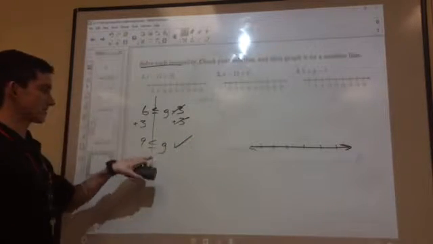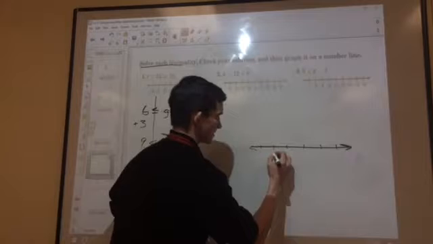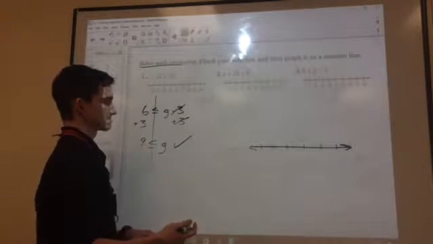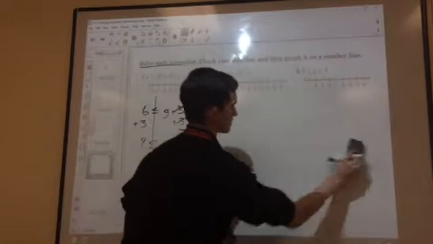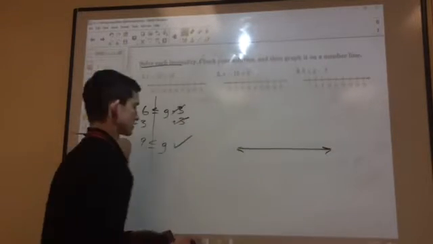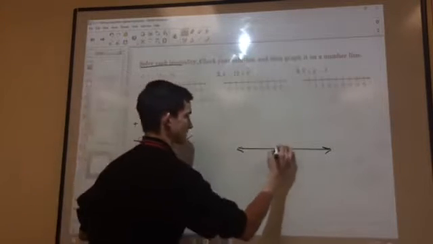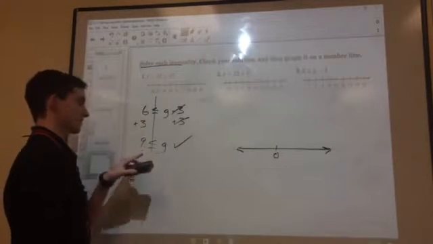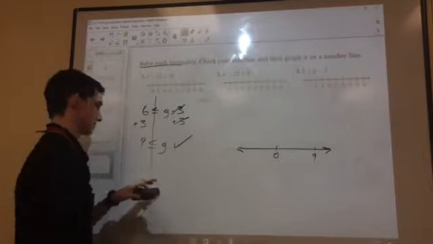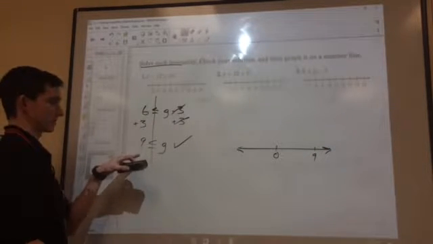So we've checked it. Now we're going to actually graph this. Let me show you another way of graphing this. You don't need all the numbers necessarily. You really just need to be specific. So let's say we put a 0 on there. Let's say 9 is over here somewhere, so I'm just going to put a 9. Now those are the important numbers. 9 is really the most important.